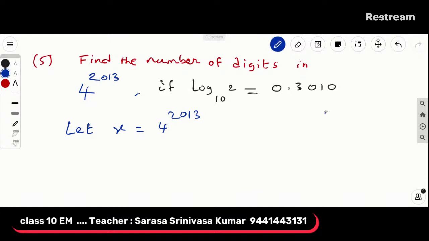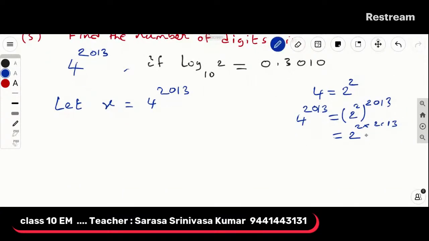Now 4 can be written as 2 square. So 4 to the power of 2013 can be written as 2 square whole to the power of 2013. So this can be written as 2 power 2 multiplied by 2013. That equals 2 to the power of 4026.